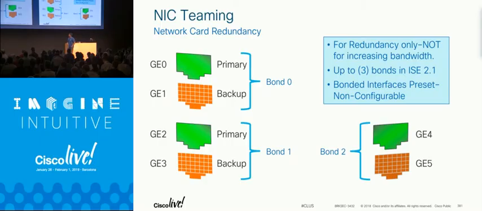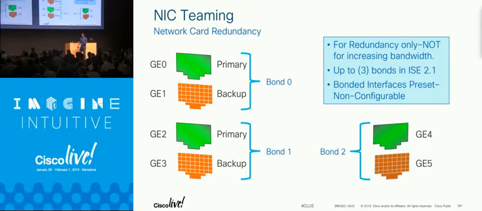Next thing up is NIC teaming. What this does is that it's not increasing the bandwidth on the network, but it is used for high availability. So ISE comes with pretty much 6 interfaces, and what you can do is say, hey, GE0 and GE1 are part of a NIC teaming. What that means is that they will share the same MAC address and the same IP address.